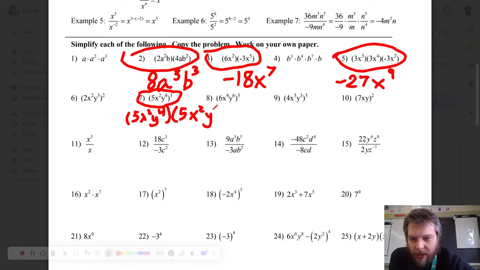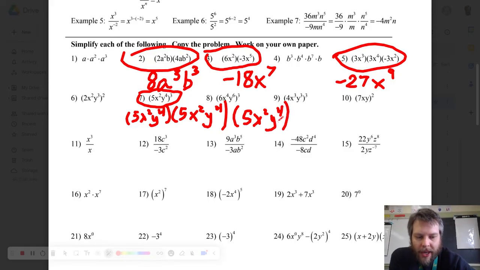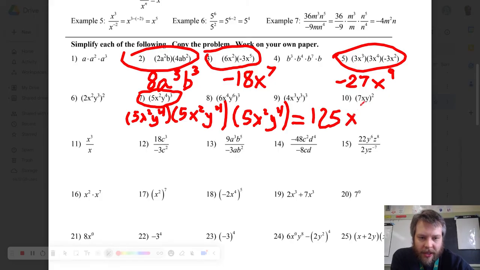The 3 on the outside of the parentheses means to multiply the parentheses 3 times by itself. And if you look at what I've got, 5 times 5 times 5. I've got x squared times x squared times x squared. And I've got y to the 4th times y to the 4th times y to the 4th. So I had 5 to the 3rd, x squared to the 3rd, and y to the 4th to the 3rd.